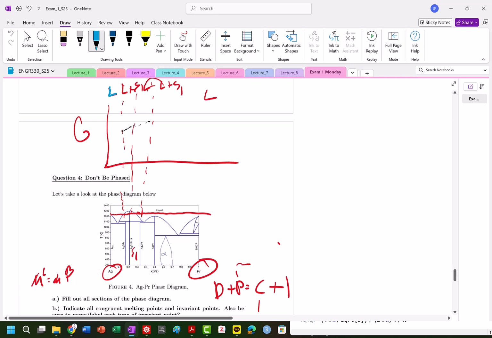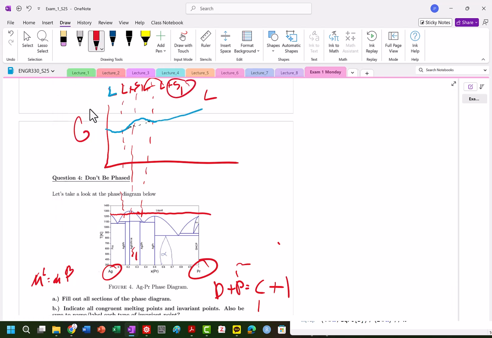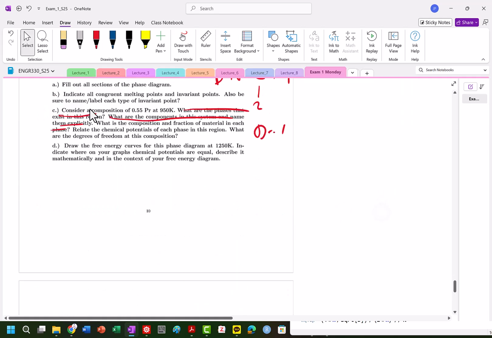So I'm going to draw my liquid. Liquid is lower, so it touches here. It kind of escapes and touches again, and then is just low. And my solid, which is going to be this S1, is higher, but now it touches this two-phase region here, touches here, and then it just escapes. There it is. That's essentially what it would look like for our free energy curve.